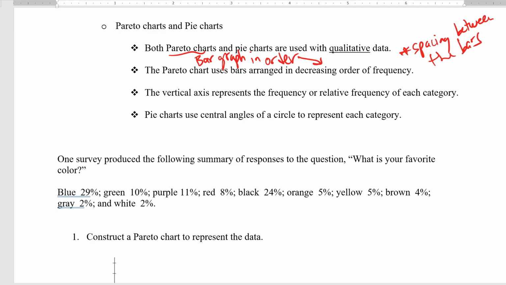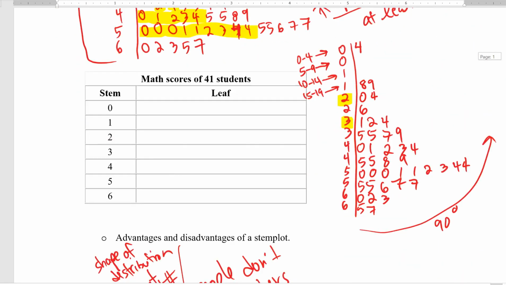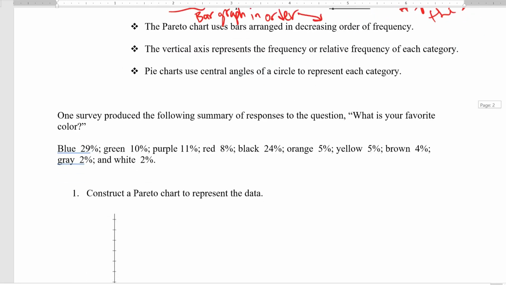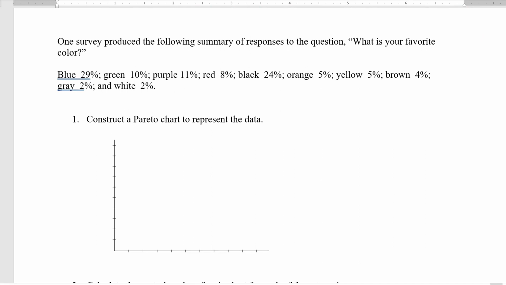We separate the data. Qualitative data, I also call categorical. So if we have categorical data, we'd make a Pareto chart or a bar graph with that. Okay, here's an example, and I put some numbers on here.